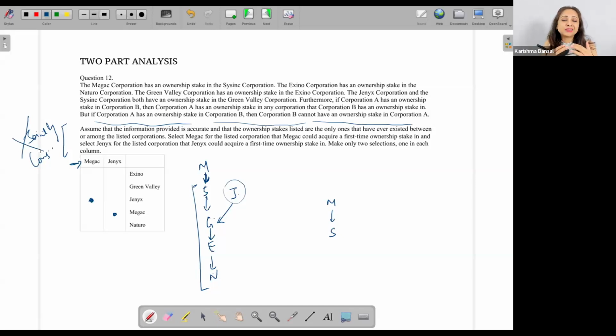These are hypothetical. They're talking about two hypothetical cases. Currently, this is the scenario only, right? Neither does Megac have a stake in Genix, nor does Genix have one in Megac. Currently, no one has a stake in any. Now, one situation: select for the listed corporation that it could acquire. And so these are two independent hypothetical situations.